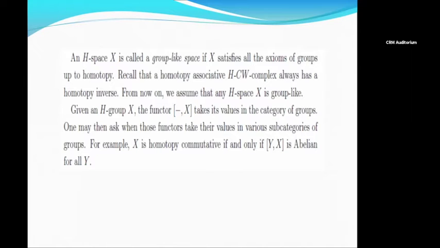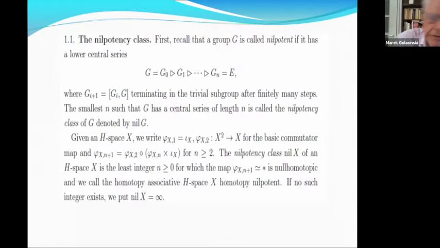For example, X is homotopy commutative if and only if this functor takes values in the category of abelian groups.